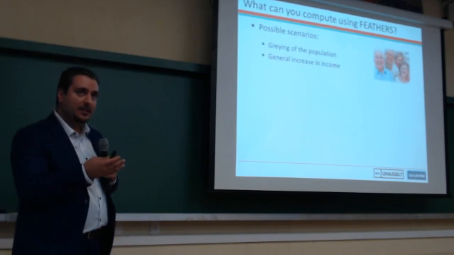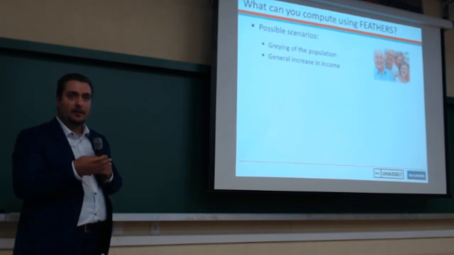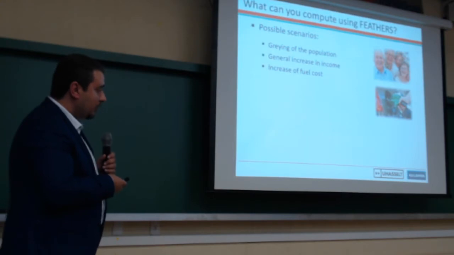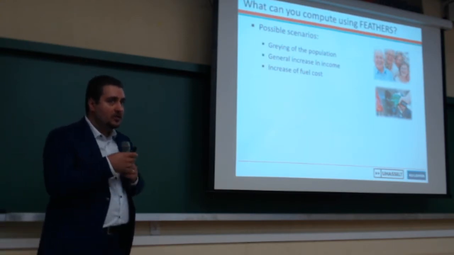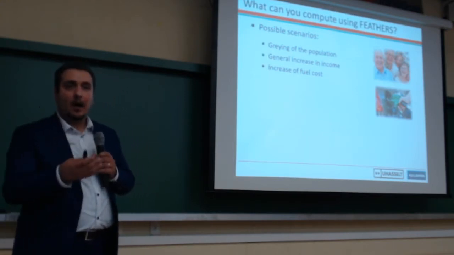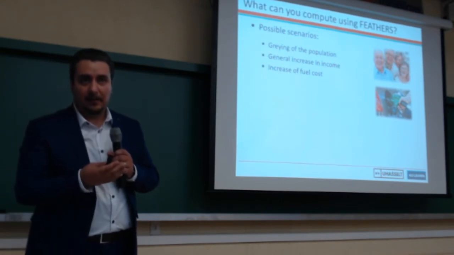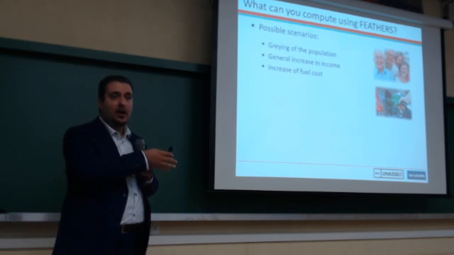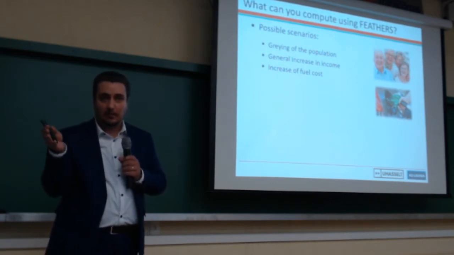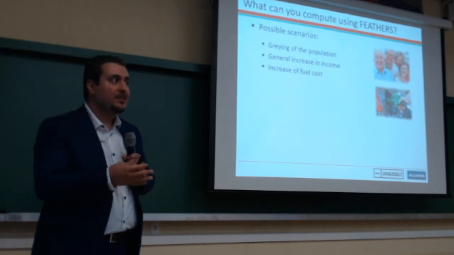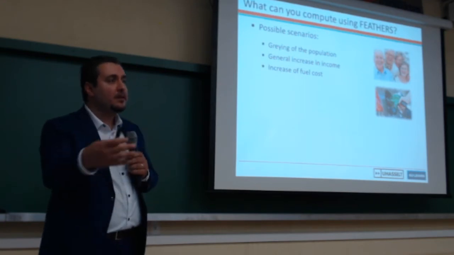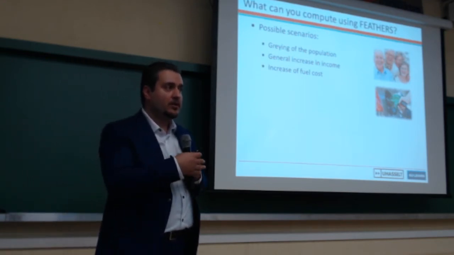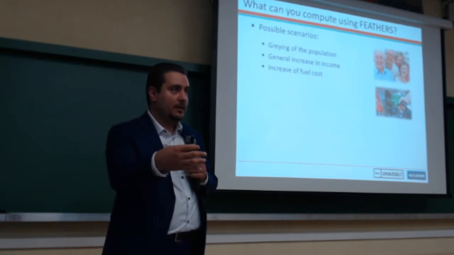So it has certain consequences on our transportation as a whole. Increasing fuel cost. If we increase the fuel cost, how are people going to react to that? Will there be a shift from car usage to other modes of transport? Will this be a permanent modal shift, or will it just disappear after an amount of time?